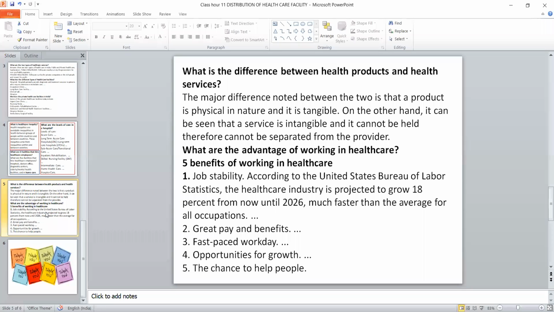So understand the basic difference. These two look alike, but if there is physical nature and tangibility, then it is called a health product. If it is not physically present and is intangible, it means a service product.